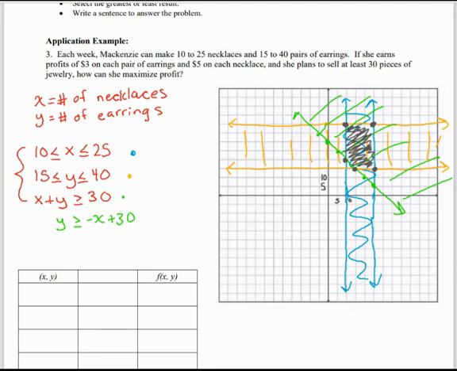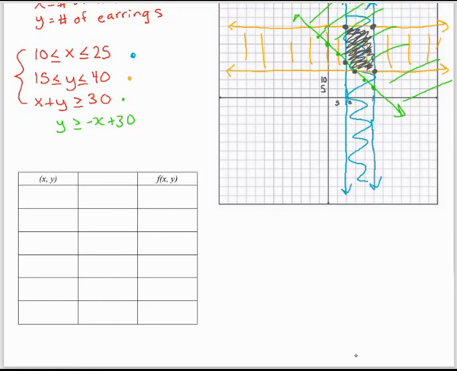Okay, so came up with my variables. I determined my constraints, my inequalities. I graphed those, and now I determine my vertices. So I'm going to put those vertices right on in here. Okay, let's see. My first vertex that I see here is 10, 20.